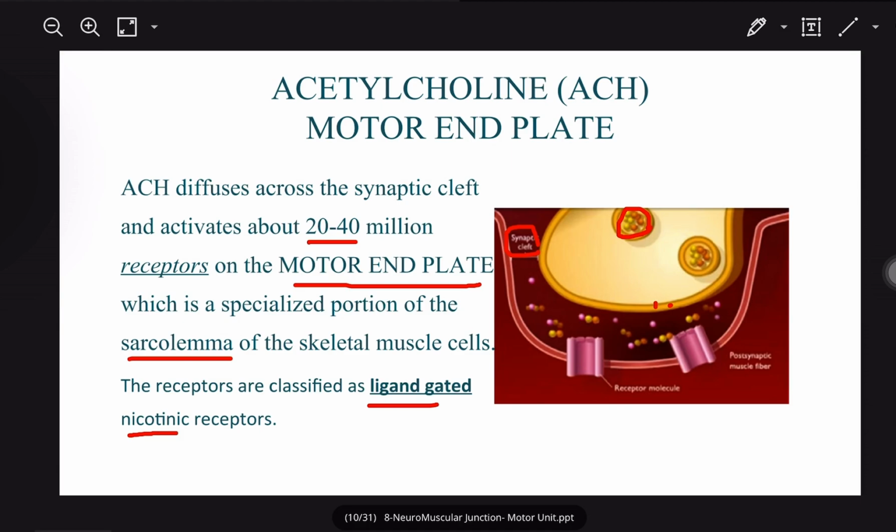We have the postsynaptic muscle fiber, but all of this we call the motor end plate. We have receptor molecules here, and these receptors are classified as ligand-gated. That would be an important next step when we talk about what we mean by that.